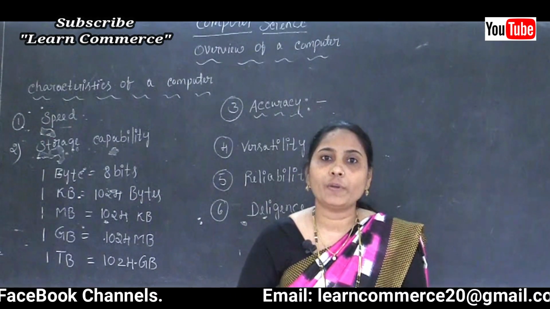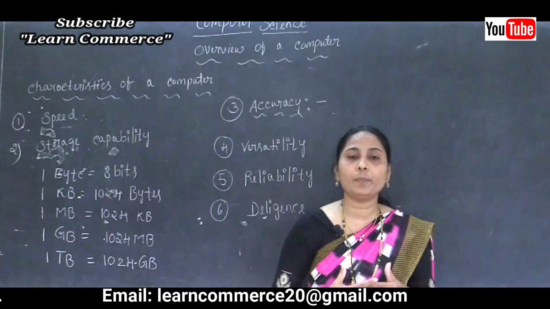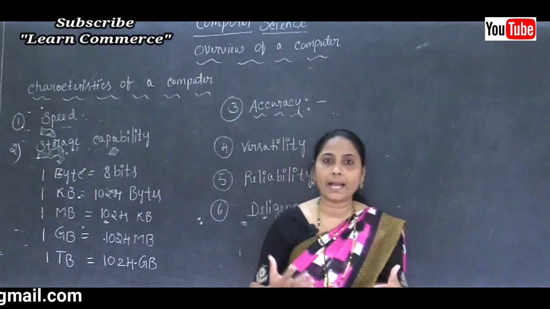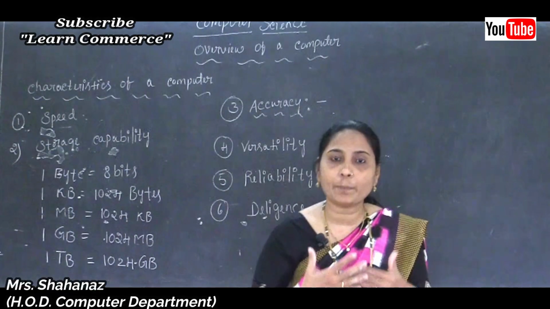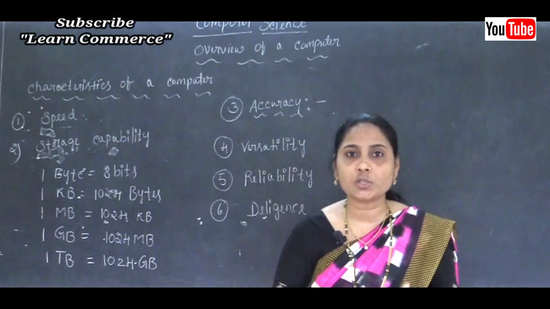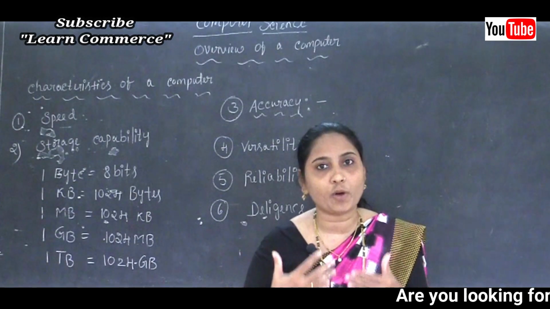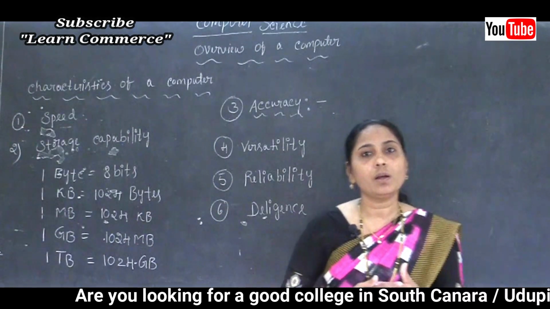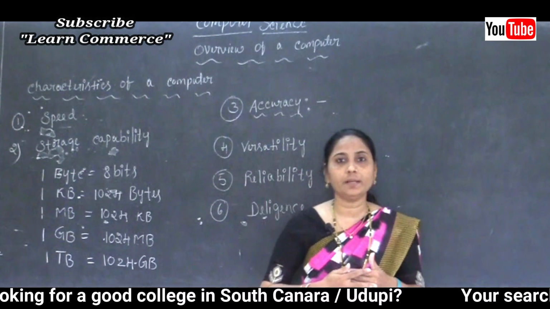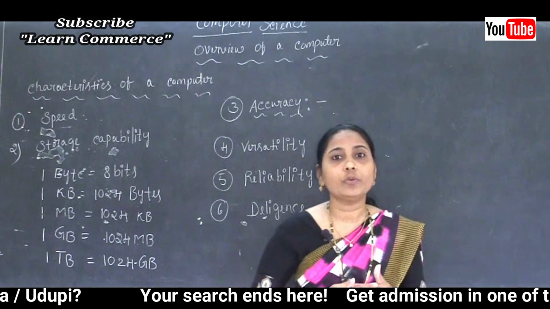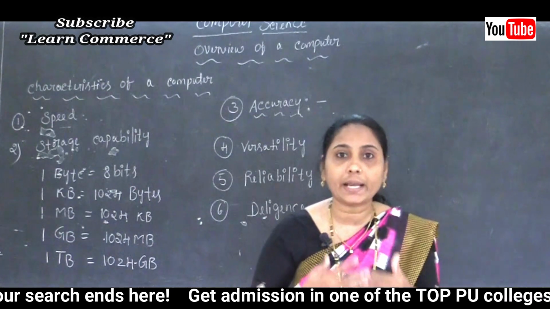Whatever work we give to our computer, whether a simple work or a complex, problematic work, the computer performs it at very high speed, and can handle a large amount of data with greater accuracy in a correct manner.